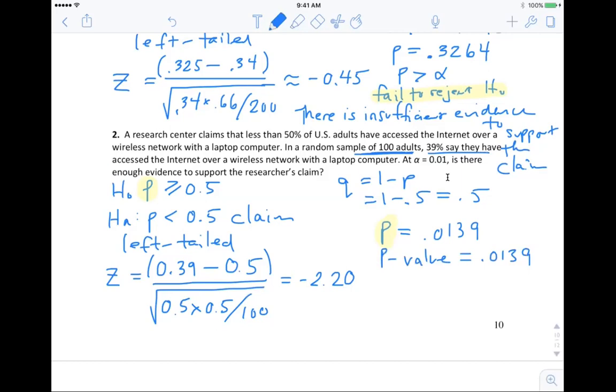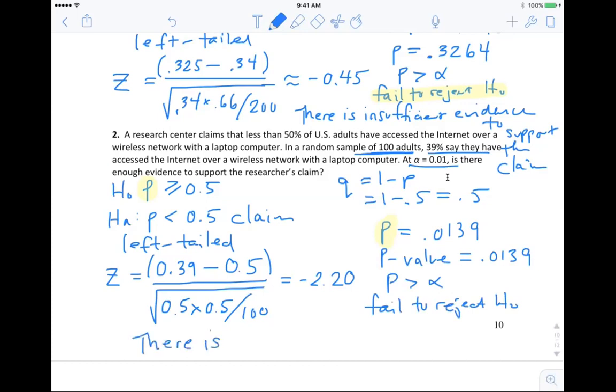Okay, and then what are we doing? We're comparing that to the level of significance. Ooh, it's close. That's 1%. This one's slightly larger than 1%. P is larger than alpha. Fail to reject H sub 0. And we got the same conclusion as the first one, right? Because HA was the claim. Fail to reject H sub 0. Maybe I should get some more variety in these conclusions, huh?